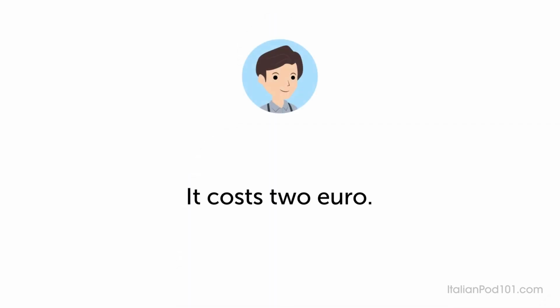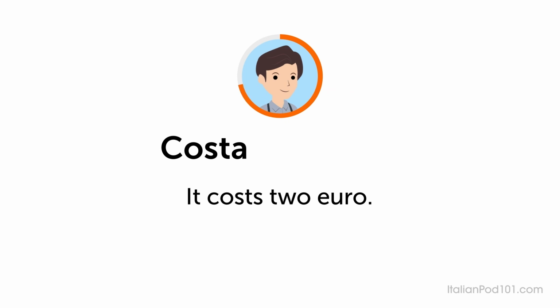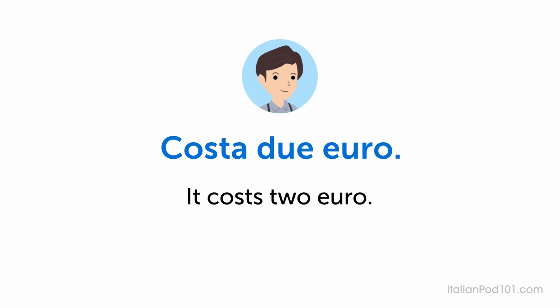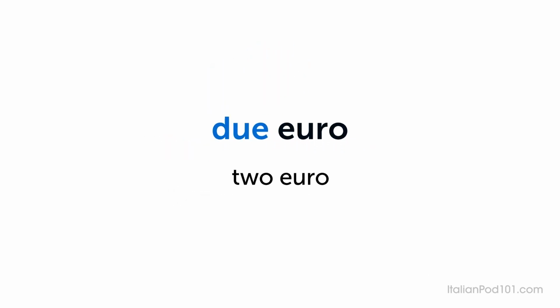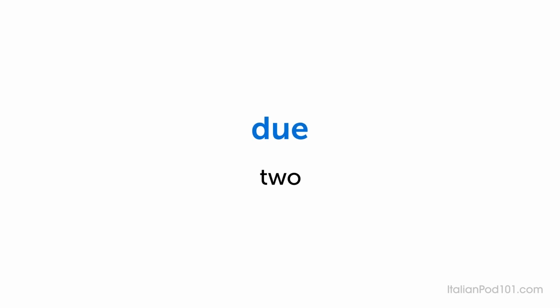Let's take a closer look at the response. Do you remember how the shop clerk says, "It costs €2"? Costa 2 euro. Let's start with 2 euro, €2. First is 2.